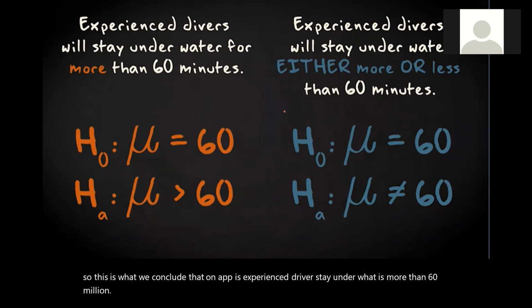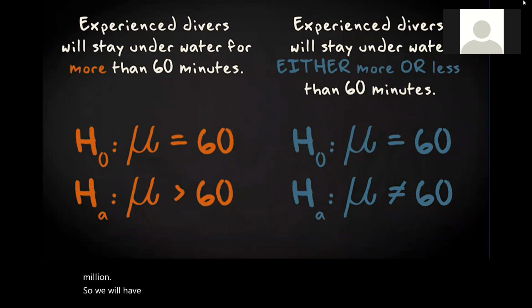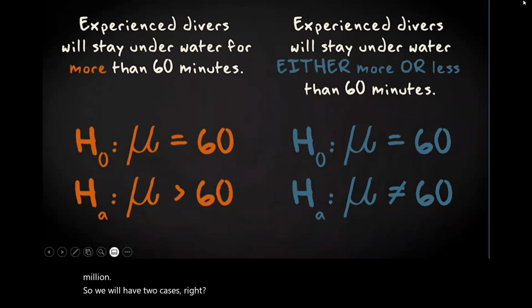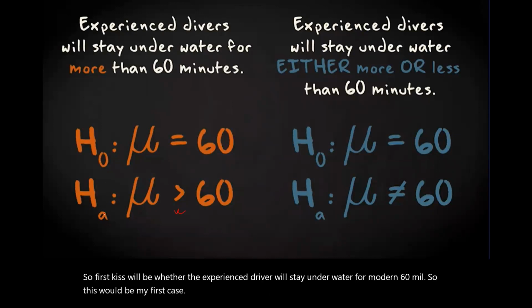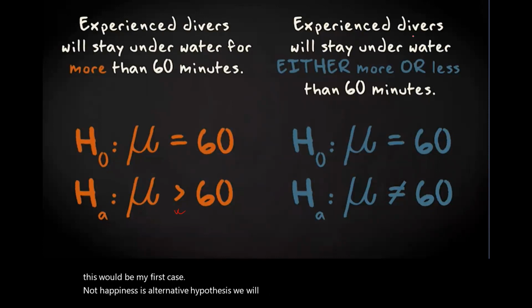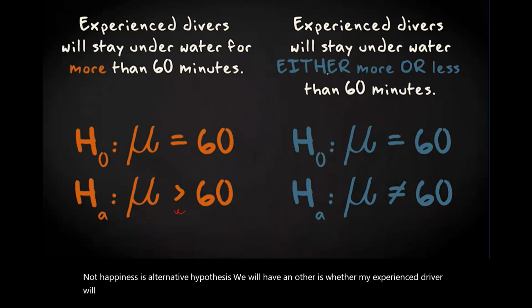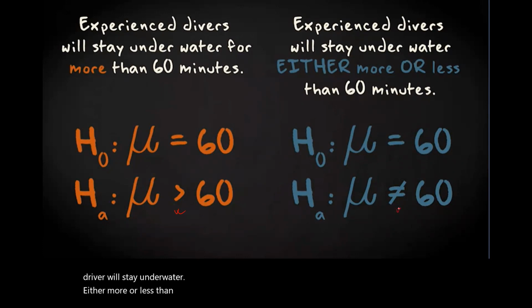So we will have two cases. The first case is whether the experienced driver will stay underwater for more than 60 minutes. This would be my first case, with a null hypothesis and an alternative hypothesis. The other is whether my experienced driver will stay underwater either more or less than 60 minutes. So this will be a not equals to 60, because it can be either more or less.